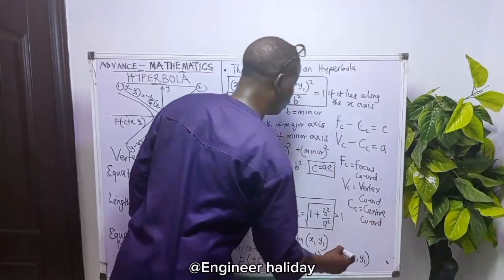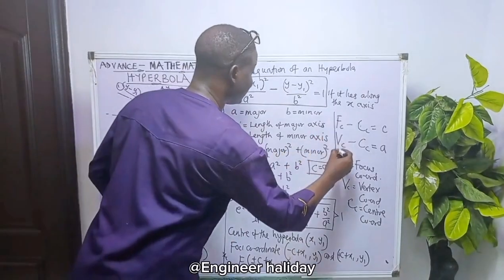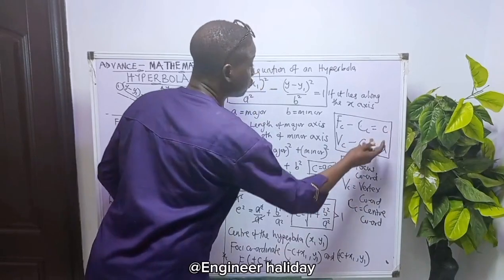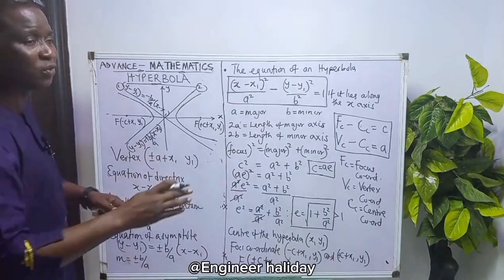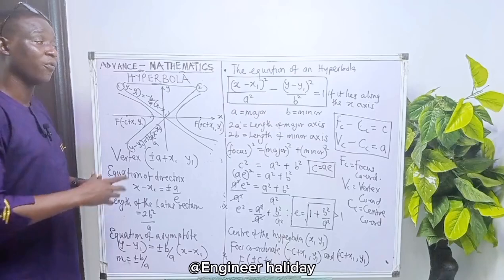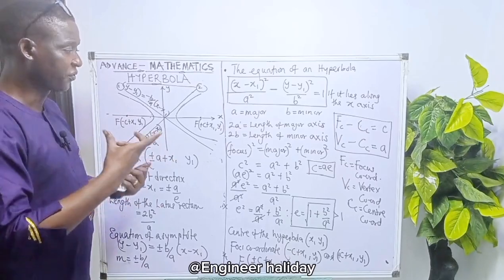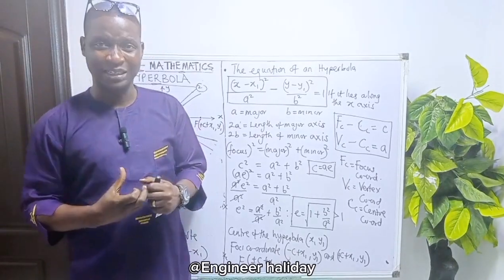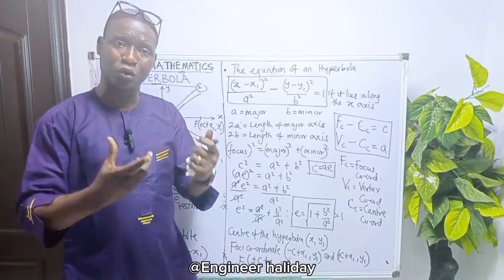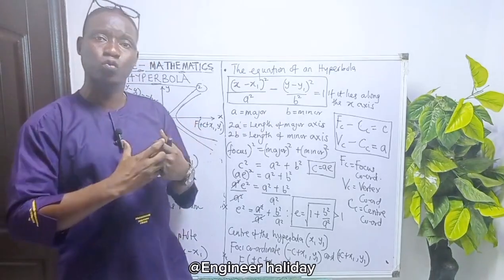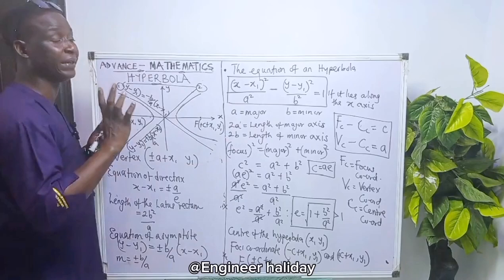I just use the code and define it so that you will not miss it. So please don't forget, it's a shortcut that can help you. Once you can get your a and c, it's as good as you have gotten your equation of a hyperbola. As we solve questions, we are going to elaborate on certain things which I want you to understand. I made it simple so that everyone can comprehend.